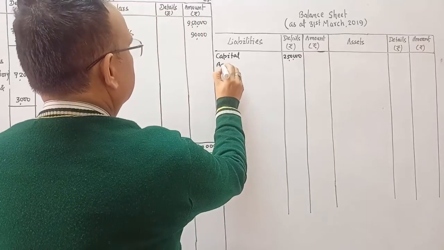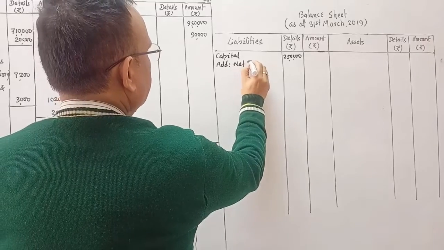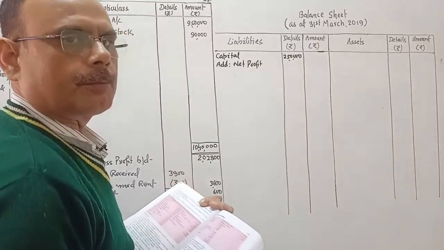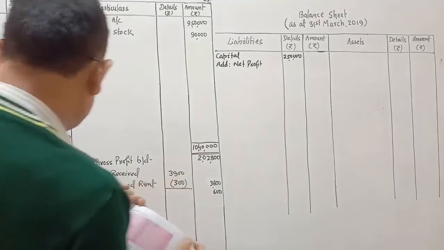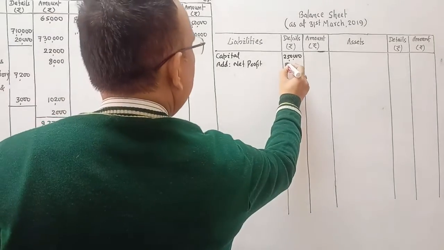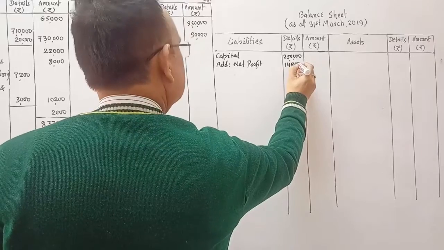Then you add the net profit, which we calculated from the profit and loss account. The net profit is 1,48,040 rupees.